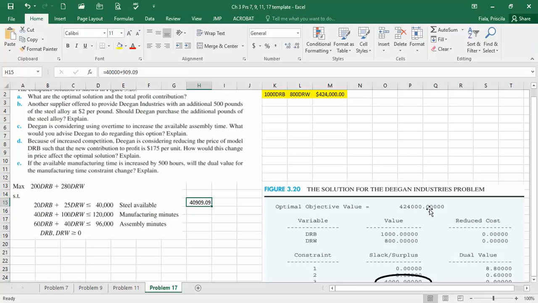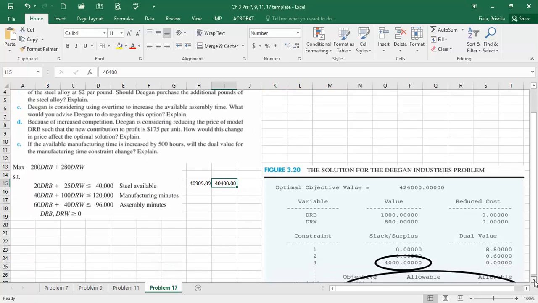So if you pay this person $2, you're still making 6.80 for each unit. And now you're making more money, because instead of only having 40,000, you're going to have 40,500, which is within your allowable increase.